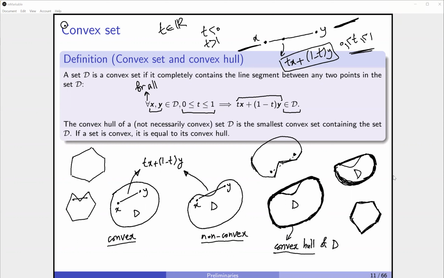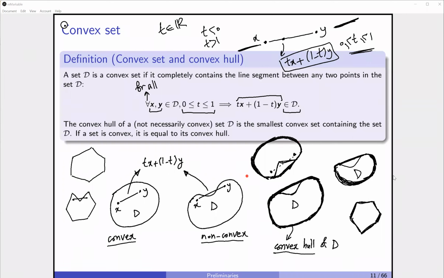Okay, got it. Now, I think the easiest thing to understand is that you put a rubber around it, or you put a balloon skin around it, okay? And the balloon should be the smallest balloon. The balloon will stick to this part, and to this part, but it won't go inside.